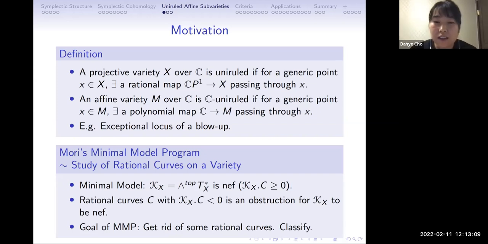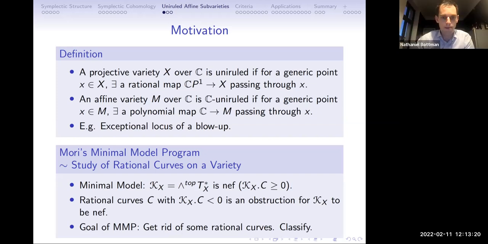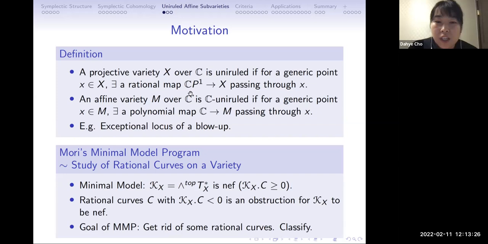We cannot detect the minimal model program, which consists of a lot of numerical conditions. Roughly speaking, for the minimal model, people want to get rid of some rational curves that intersect the canonical divisor negatively, some numerical condition.